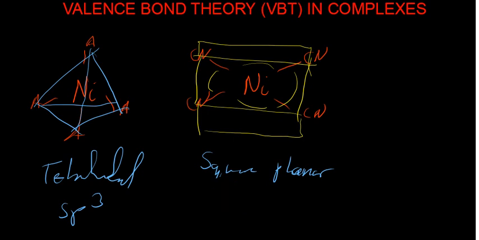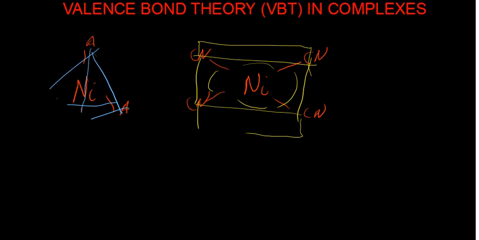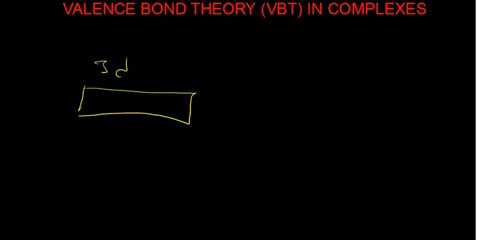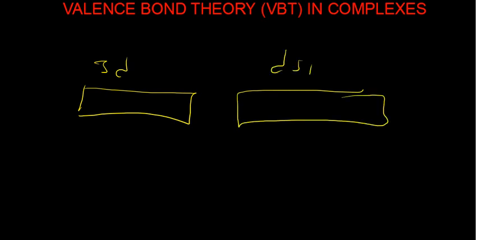Now if we saw what we drew in the compound, all the electrons were paired up. We had the 3d, and then we had the dsp2, we had paired up electrons there.